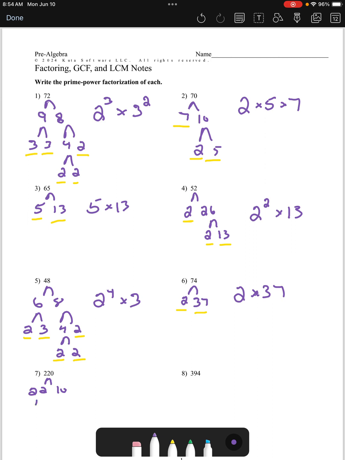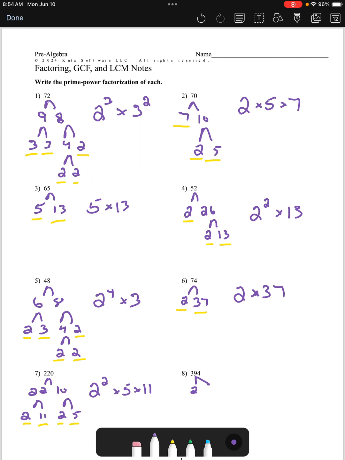In number 7, I see a number that ends in 0, so I'm going to take the easy route of saying, okay, 22 and 10. 22 is 2 times 11. 10 is 2 times 5. And all 4 of those numbers are prime. The prime power factorization, then, is 2 to the second power, because there are two 2's, times 5 times 11. In order, folks, in order.